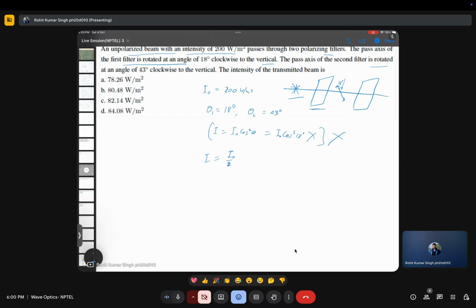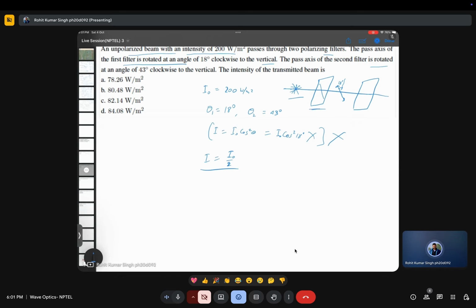Because you can resolve all this unpolarized electric field into two directions. One along the pass axis of this polarizer, and one perpendicular to the axis of this polarizer. So you get half after the first polarization, because it cuts off the perpendicular one, it only allows the parallel one to pass through.